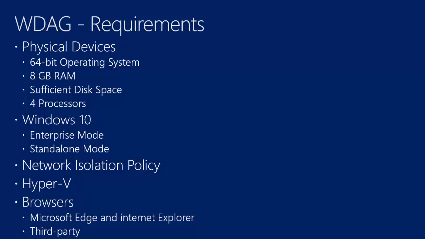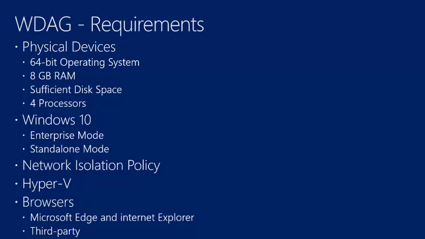Windows 10. Again, Windows 10 is the operating system where this is built in. There are 2 modes of operation: standard mode and enterprise mode. We will focus on enterprise mode, but we will see standalone. There is a concept called network isolation policy. This is the place where you define what is your trusted environment; what is not in the list of trusted will then by default be untrusted.